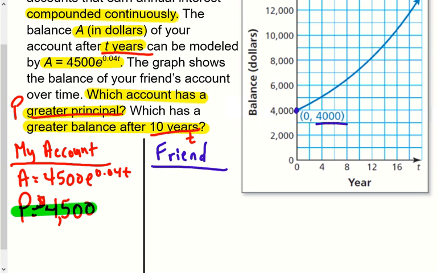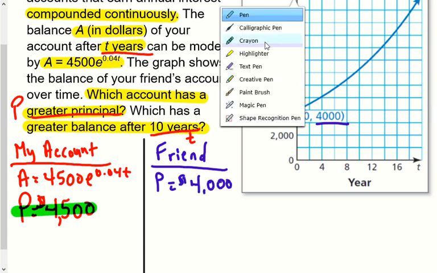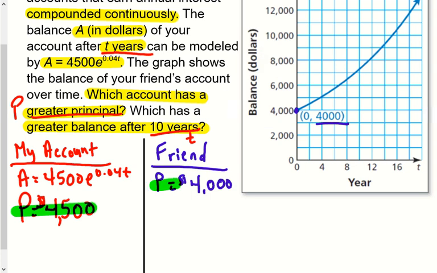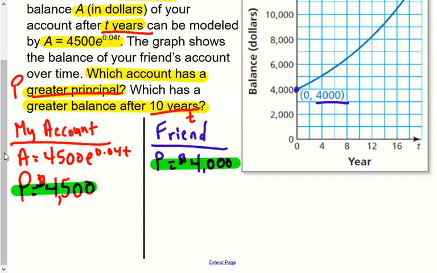At 0 years, they have 4,000. So their principal is going to be $4,000. And we'll go ahead and highlight that so that we don't lose it. We're going to write a sentence to explain all of this at the end so that we can tell which one's greater. Now it says which has a greater balance after 10 years.